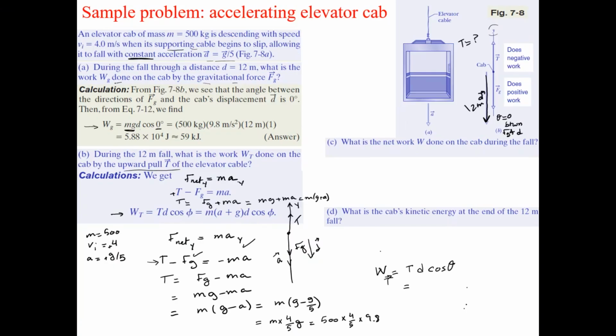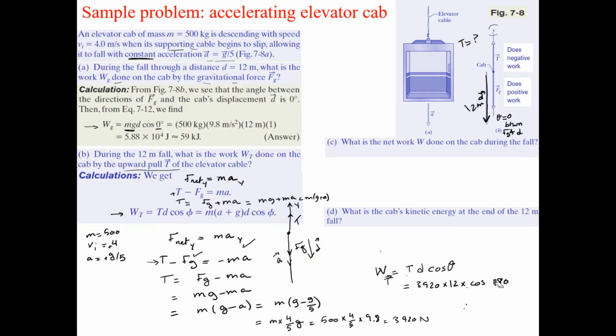So if you calculate the tension, it is equal to 3,920 newtons. So I'll substitute this here, multiply by D, which is 12. Let's look at the angle that T makes with D. The tension is upwards, the motion is downwards, so the angle between them is 180.